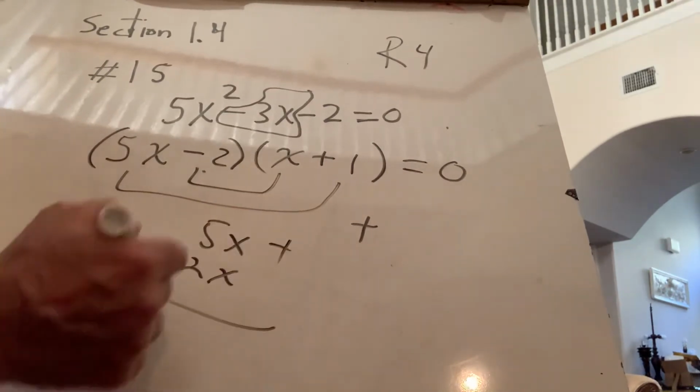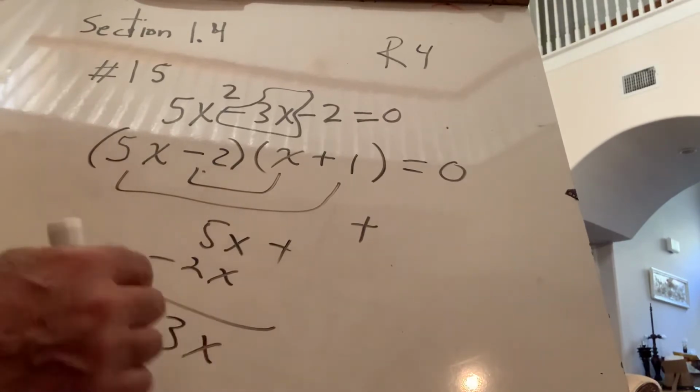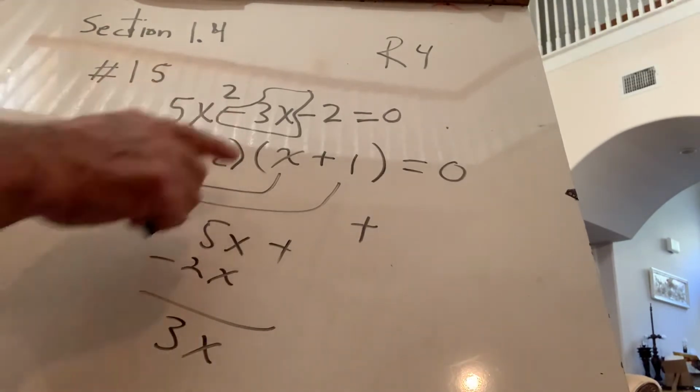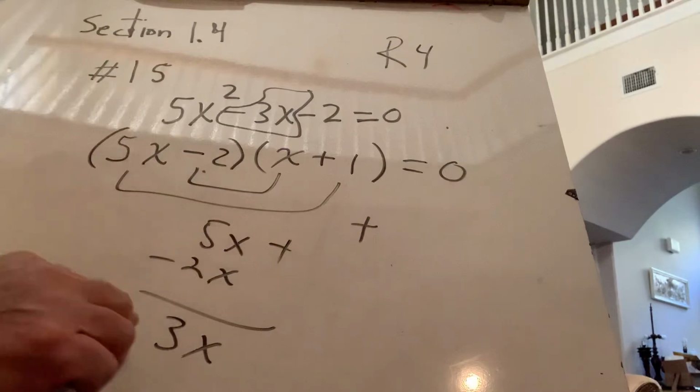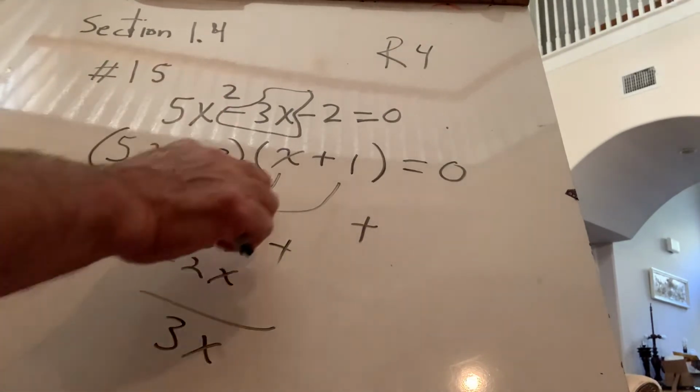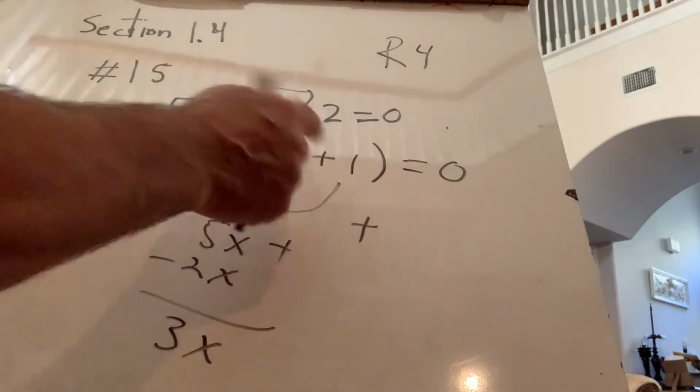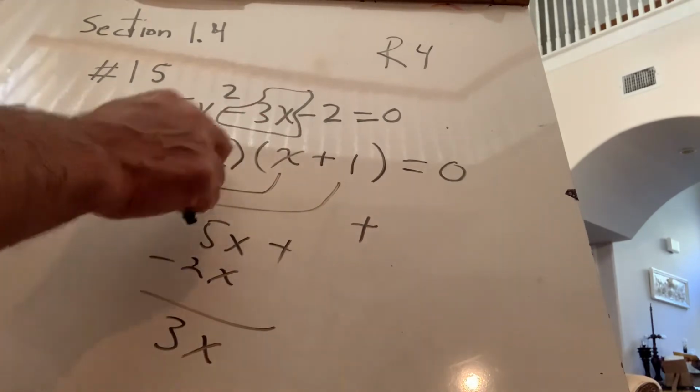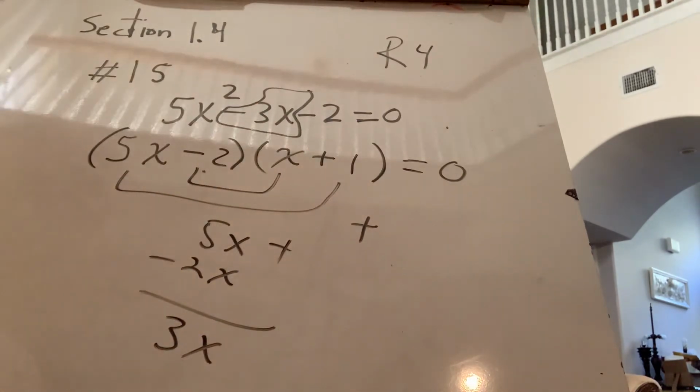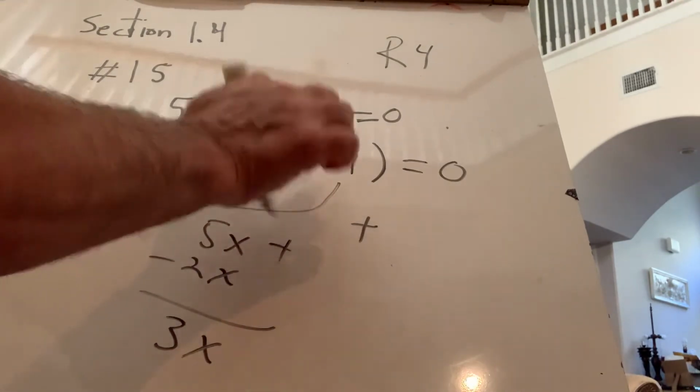And then when you add them up, that becomes 3x. Notice that, of course, you need negative 3x, not positive. Now, the good news is anytime you're off by a sign, all you have to do is change the sign of the numbers. You don't have to flip them. Just change their signs, and that's going to give you the correct middle term, as long as you're only off by a sign, okay? So let's change that to negative 1.